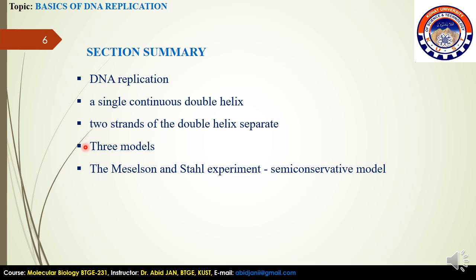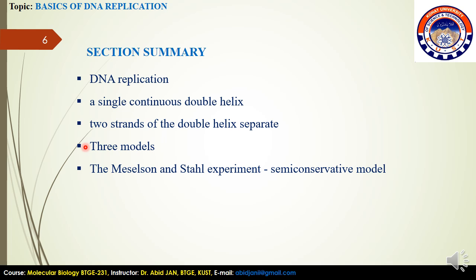In the conservative model of replication, the parental DNA is conserved and the daughter DNA is newly synthesized. The semi-conservative model suggests that each of the two parental DNA strands acts as a template for new DNA to be synthesized.